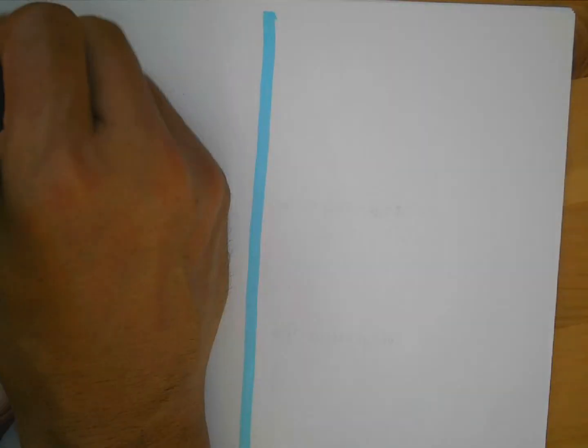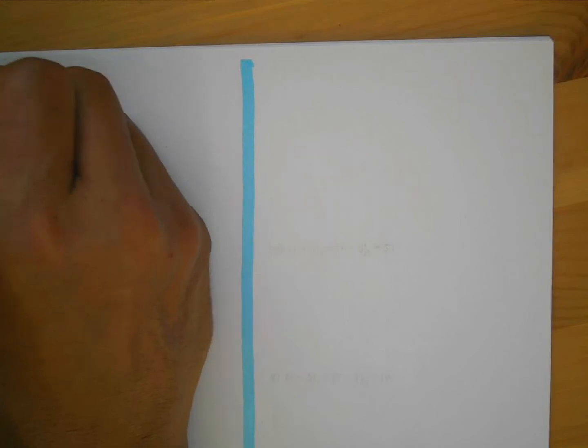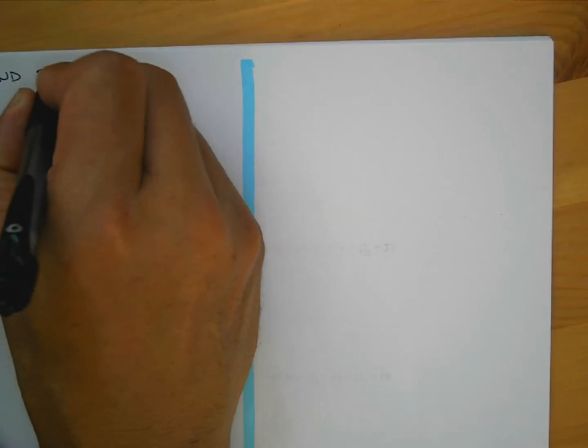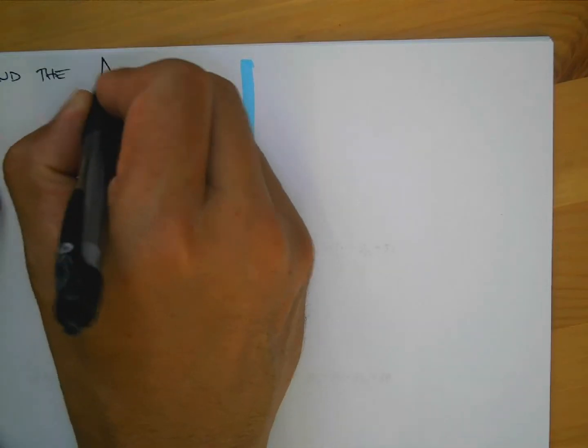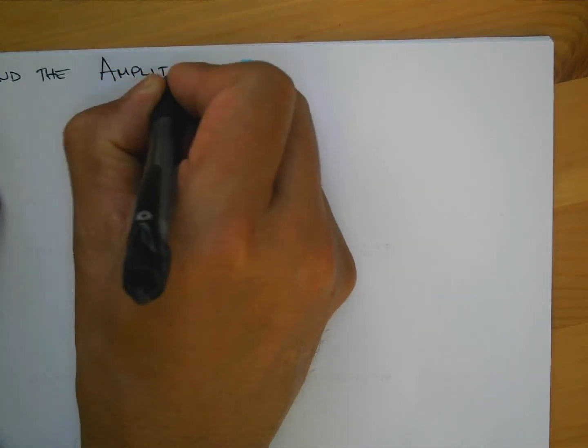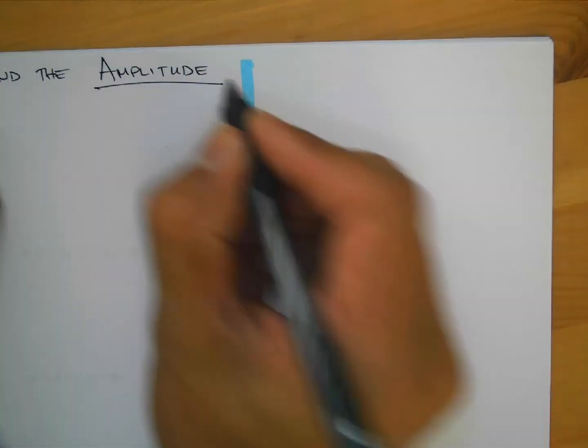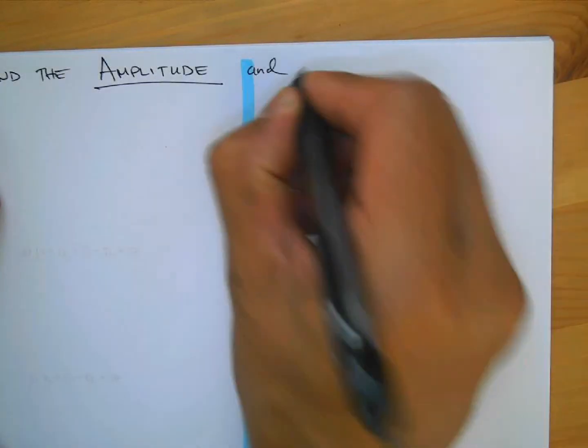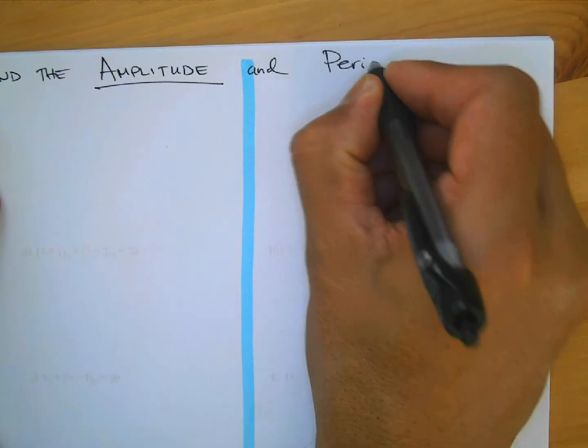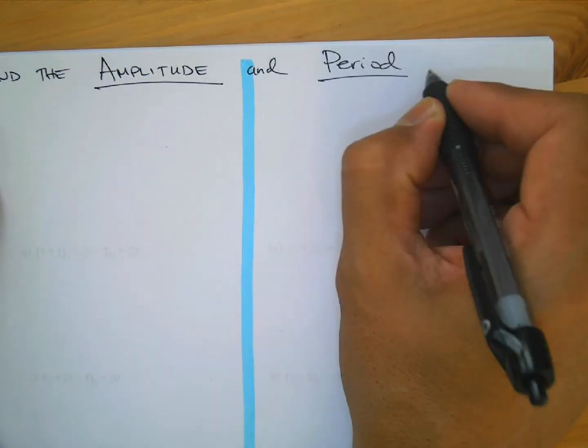All right, number 1 here. For each function, find the amplitude and period. That's it. We're not graphing it.